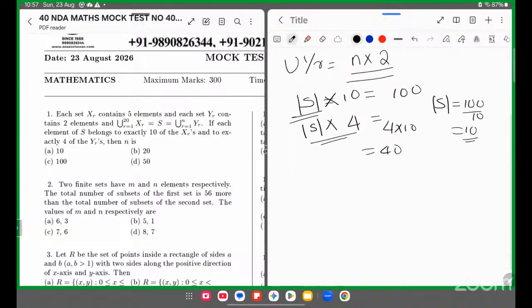So I can say that N into 2 equal to 40, therefore N becomes 40 by 2, which is 20.